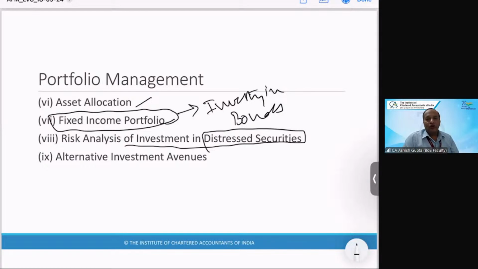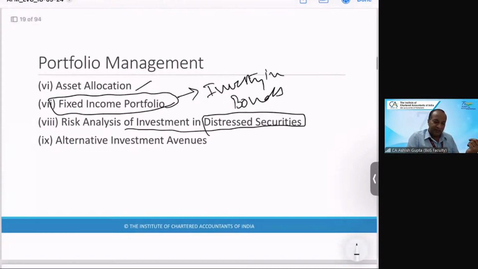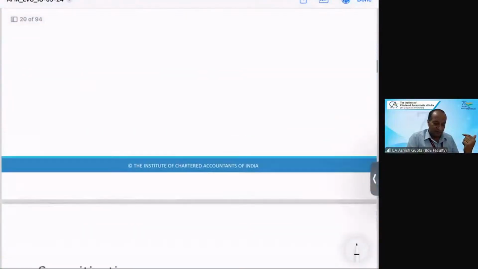Mutual funds, of course, are part of our discussion, but here we shall also see real estate investment trusts, and there are other avenues also. All are covered here very briefly, because for the detailed discussion we shall take it separately.